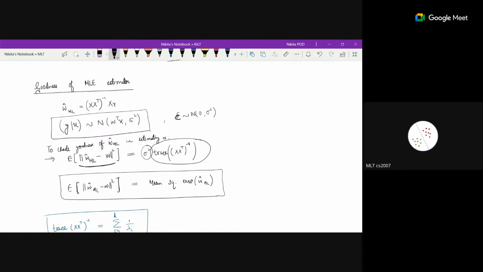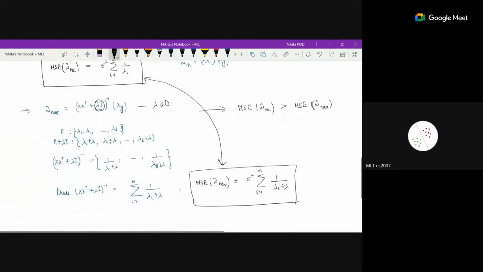We solved for the MLE estimator and got W hat ML. But now, how do we get the new estimator that is able to reduce the mean square error by some factor by introducing this new term, lambda I? So the question is, how are we getting this new estimator for a linear regression problem?